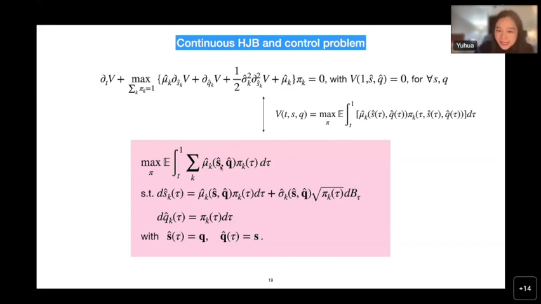The state S and Q is following a stochastic differential equation, where the drift term is determined by the first moment and the policy. The second diffusion term is determined by the second moment and policy. And the number of pulls Q satisfies an ODE, which is determined by your policy.